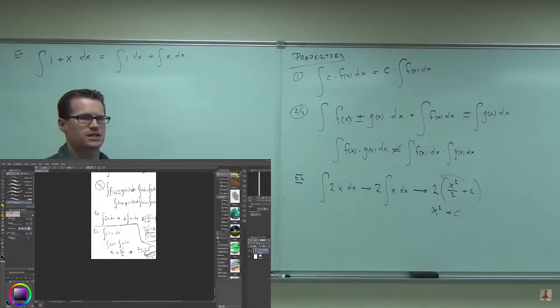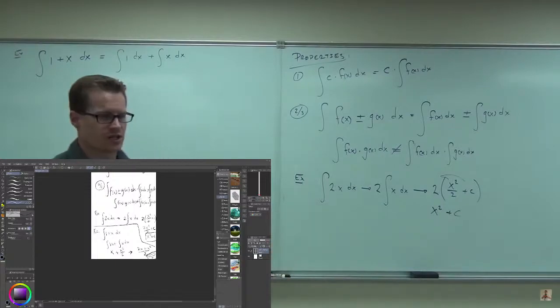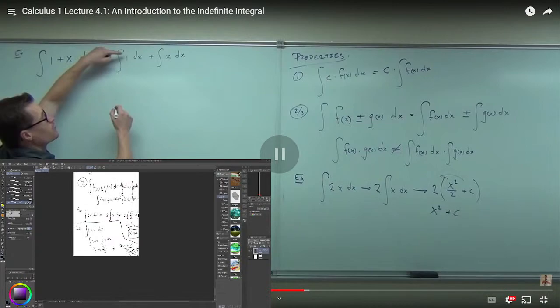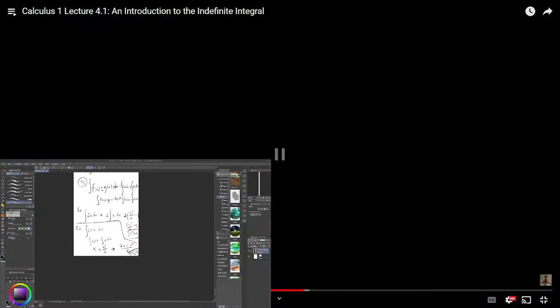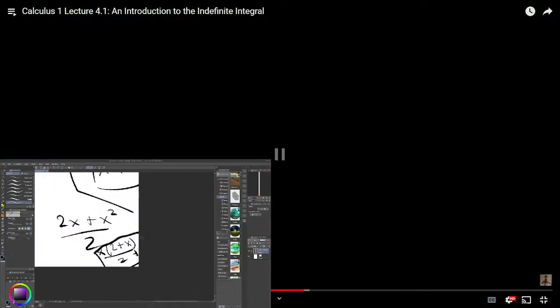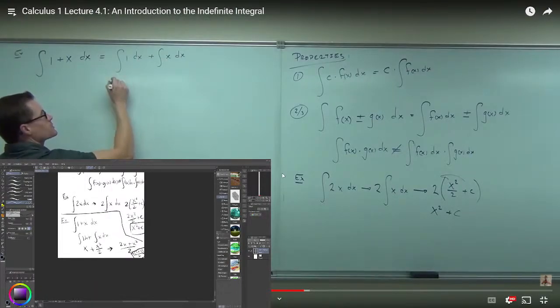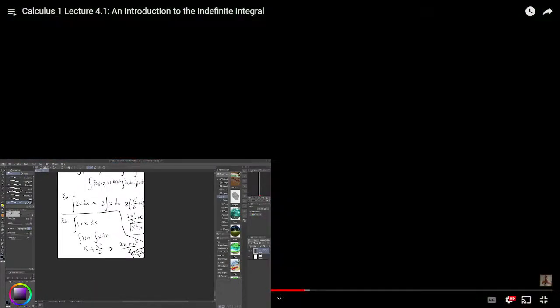Here's what I mean about the c's. Just watch. Okay, watch for a second. You write down later, oh yeah, plus c. The integral of one dx is x. True? If you said, oh, x plus c, you have to call it c1.